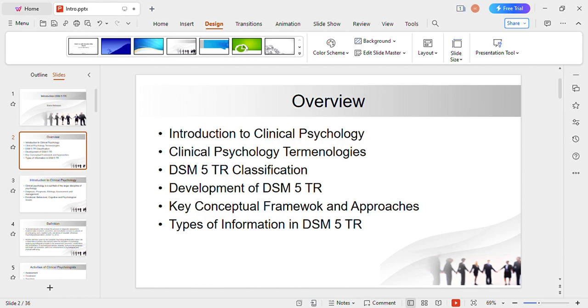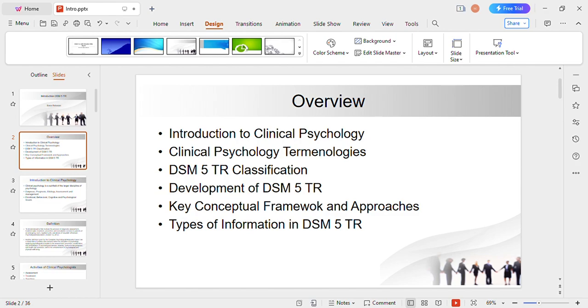So in today's lecture, we shall be covering the introduction to clinical psychology, and all of you know it is very important to understand the definition, the activities of a clinical psychologist, and key terminologies of clinical psychology for better understanding of DSM-5-TR. Without understanding the definitions and the terminology, it would be hard for you to understand the revised manual, because there have been additions of new terminology which is very crucial to understand.